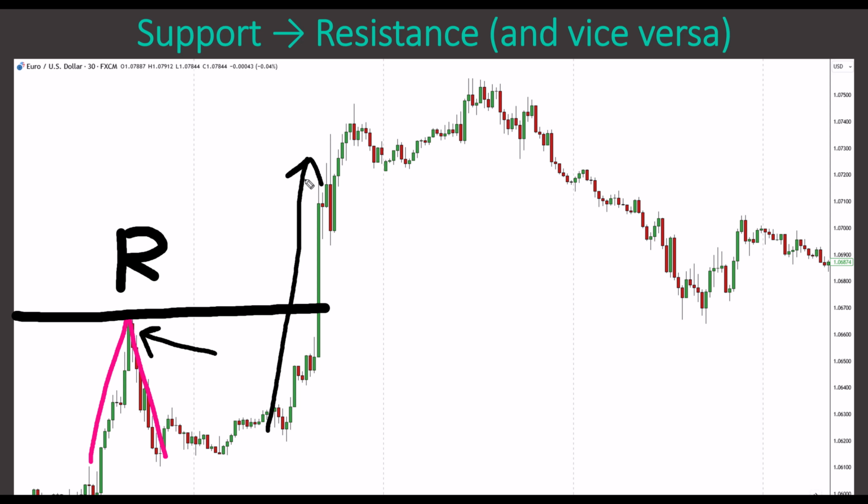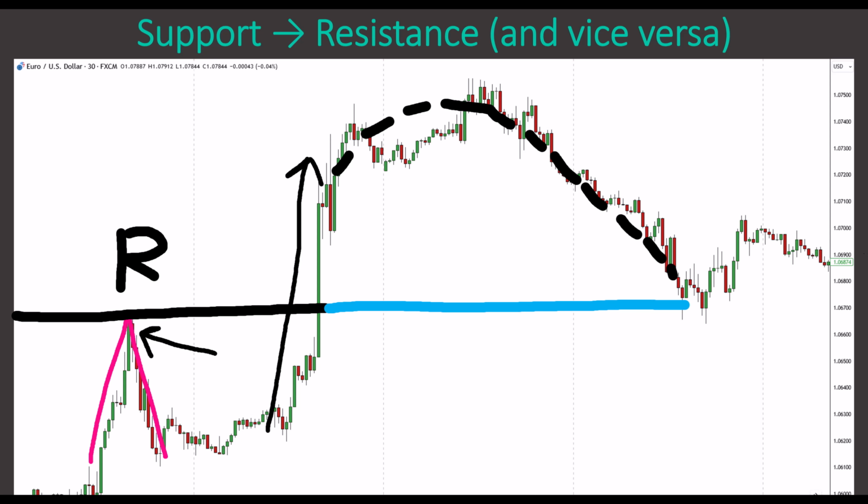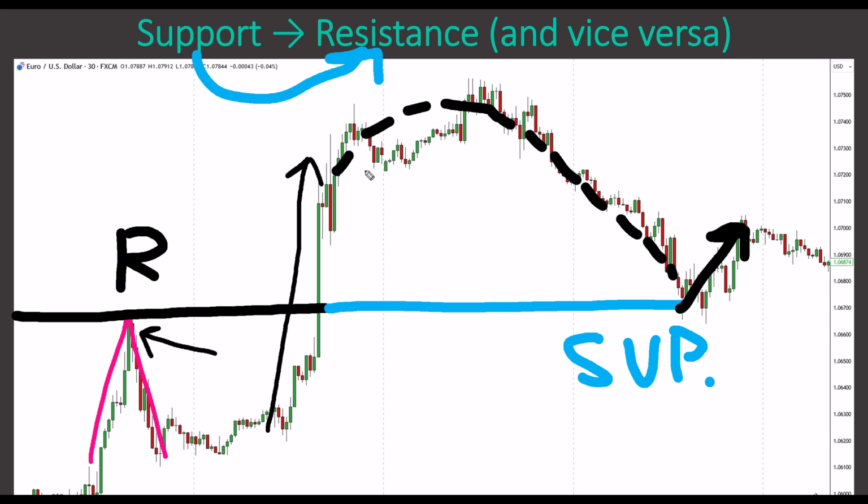When the price blew past the resistance it turned into a new support, and you just need to wait for a pullback, and when the price reaches this support, then you go long. All right, so this is the support becoming resistance setup, or resistance becoming support setup.